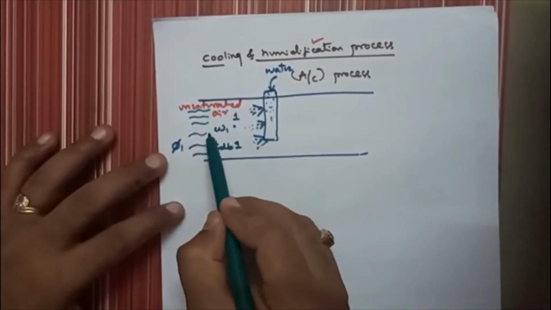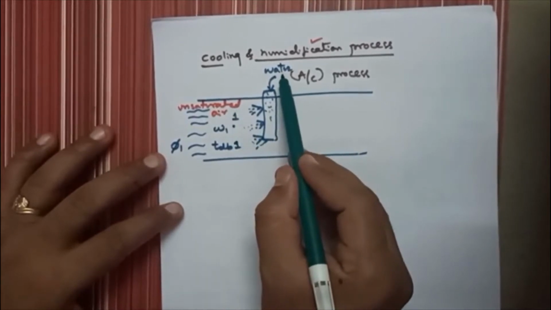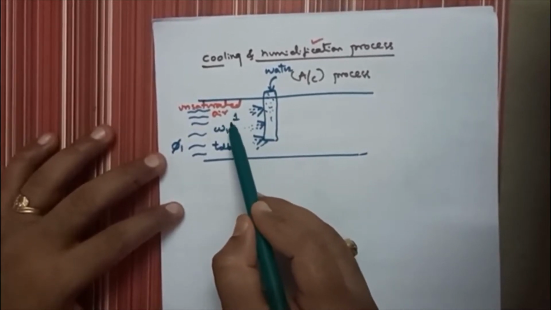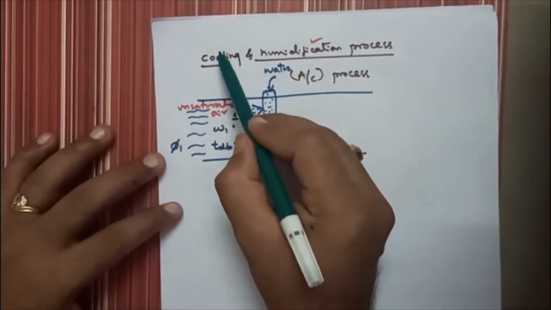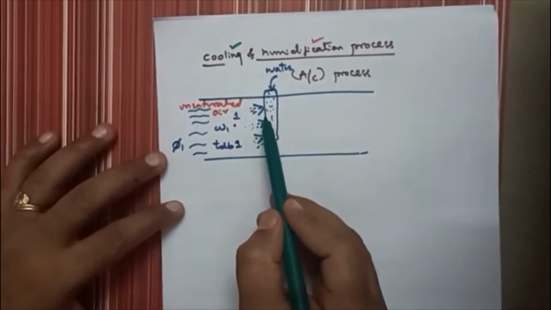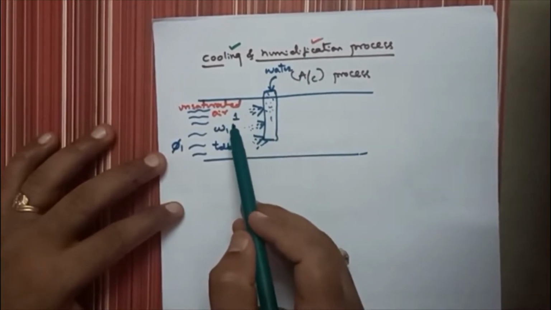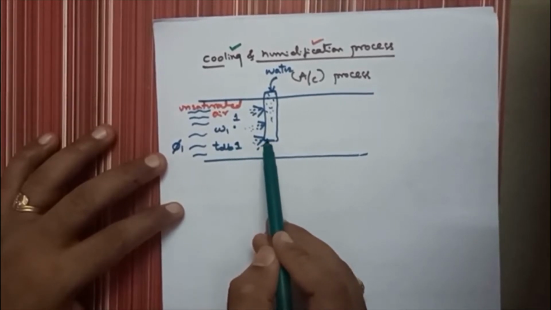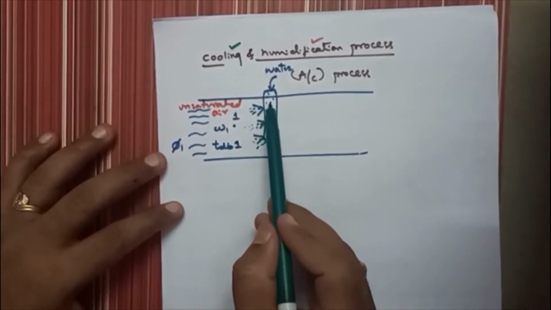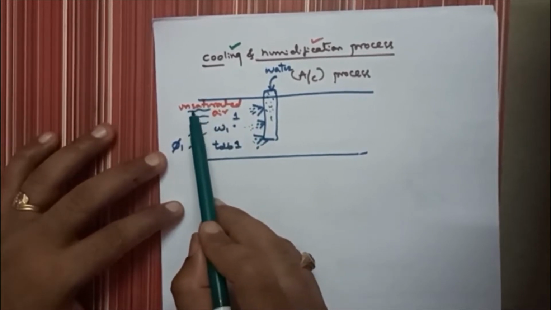Initially the temperature of the air is more than the water, and this high temperature air mixes with water and cooling takes place. So simultaneously humidification is there as well as cooling. The temperature of the air is decreasing, and at the same time you are injecting water into the air because it is unsaturated air.